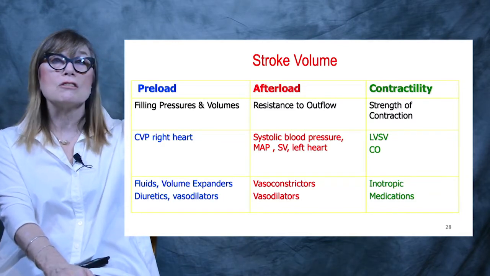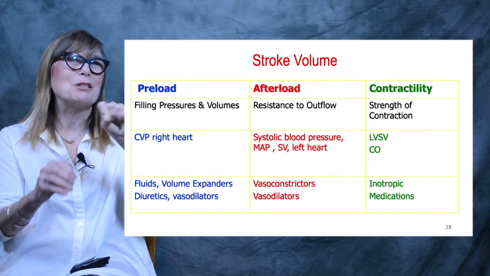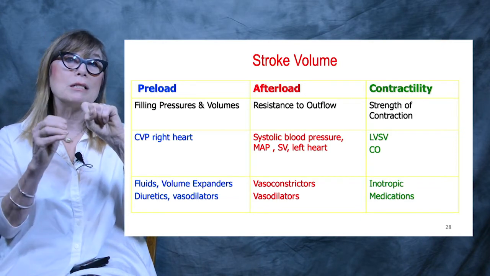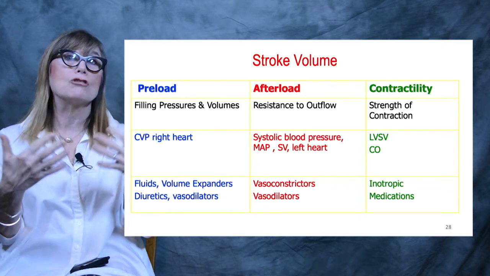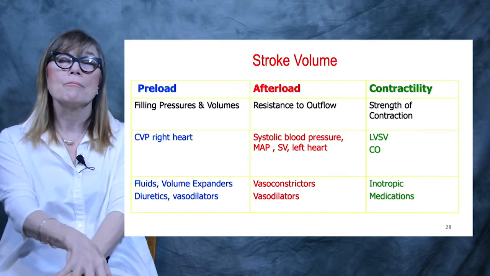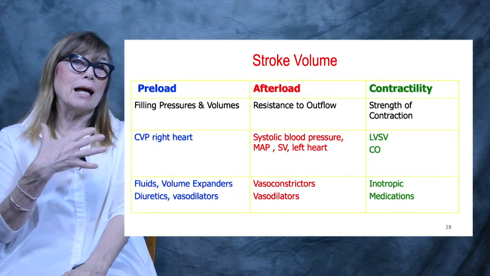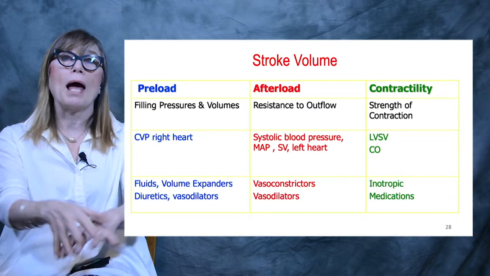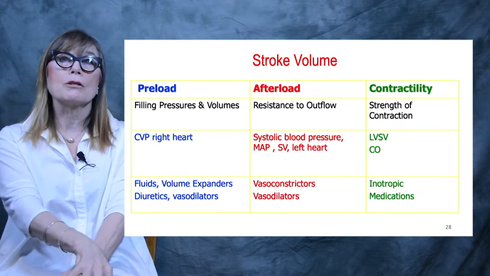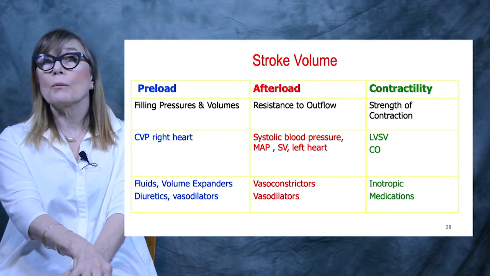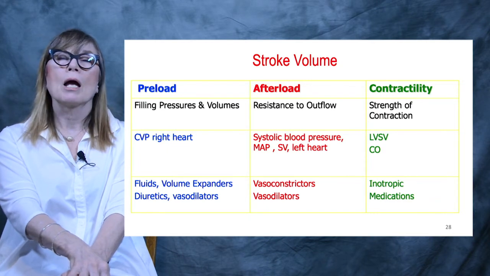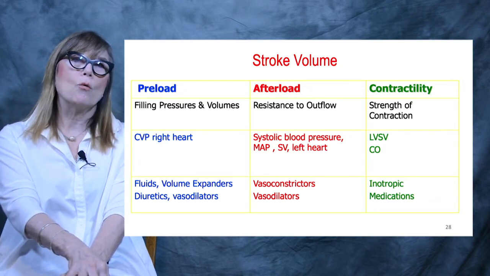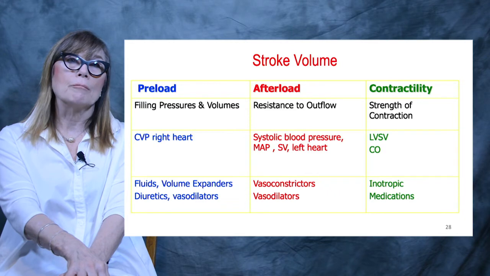Afterload is the resistance to outflow, and that resistance to outflow creates a generation of tension of the ventricle. Now, we're going to look at afterload in our practice, in our general way, by following the mean arterial pressure, by following your systolic blood pressure, and by tracking your stroke volume.